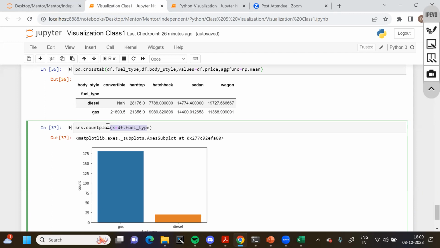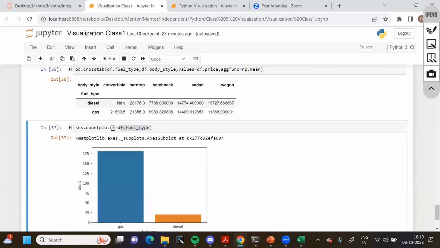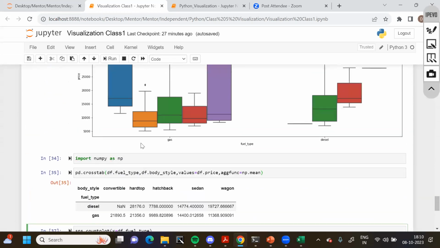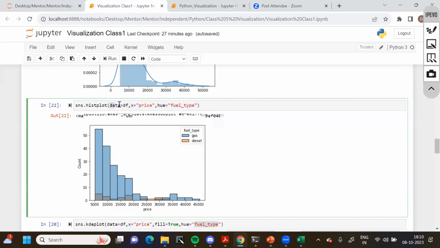Number one point: count plot gives the count, where you can directly give the categorical. I have shown you two types. Here I said x is equal to this; otherwise I have written it in another format. If you see data is equal to df, when I put data equal to df, it has access to the whole data frame, and then I can give the coordinate and say what variable to use.